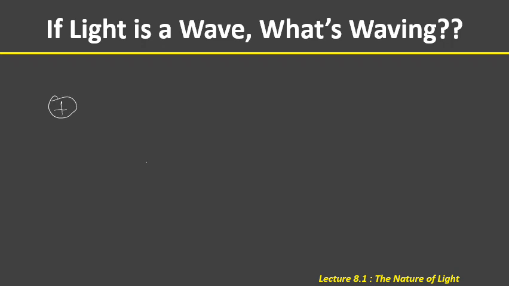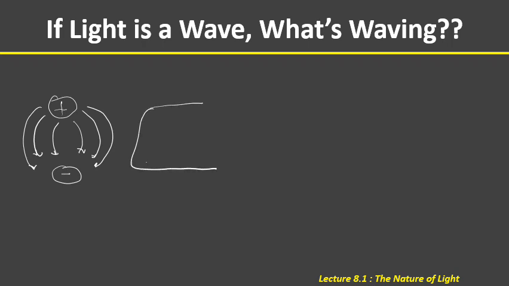If you have two charges, a positive charge and a negative charge, for example, that's going to make a field between them. And if you have a magnet, for example, a north pole and a south pole, then that's going to make a magnetic field like that, right?